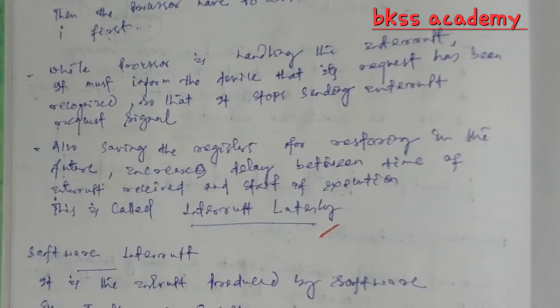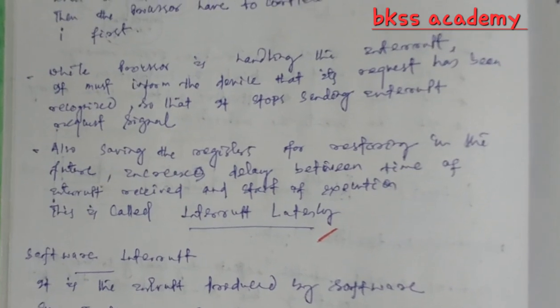Then that interrupt is executed. After the interrupt is executed, the previously saved process will be processed again. The time from when it was stored in the register to when it is fetched from the register for processing is called interrupt latency.